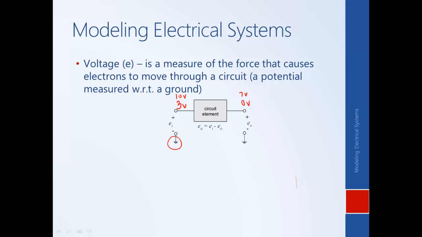If you're more comfortable thinking about mechanical systems, you can think of voltage as a height or a pressure differential, and the electrons flowing through the circuit as water. If you think of a pipe or some other fluid system, water is going to flow downhill. It's going to flow from a higher elevation to a lower elevation, or from high pressure to low pressure. In the same sense that voltage is a potential difference, it's the same concept with elevation and pressure.